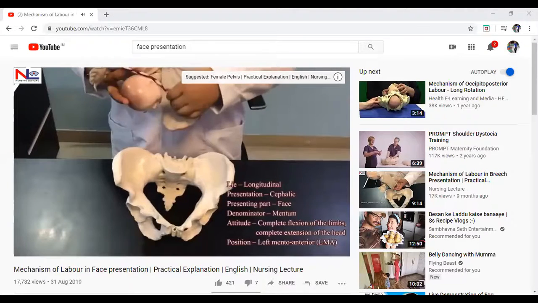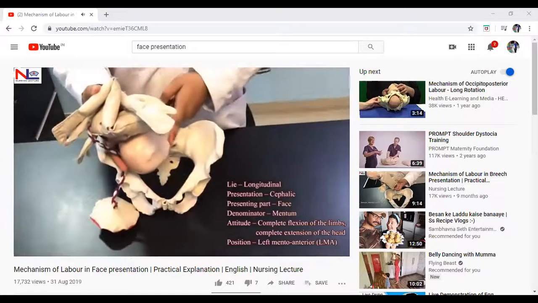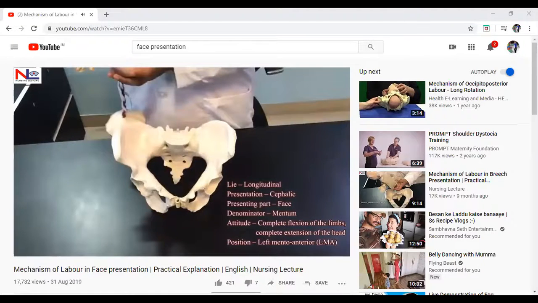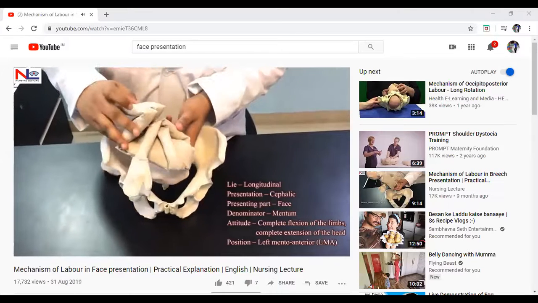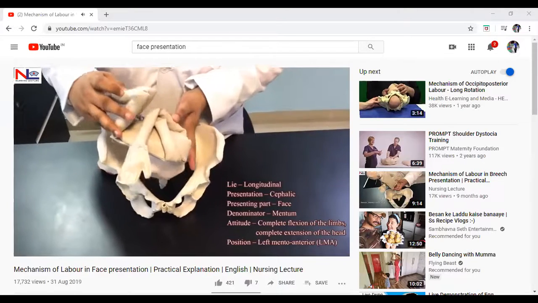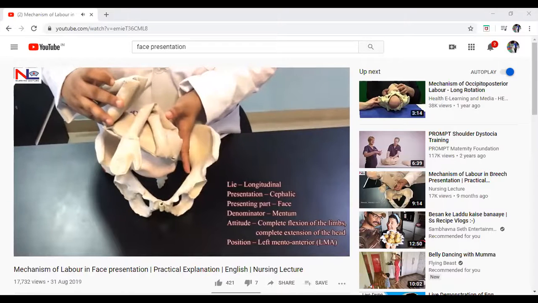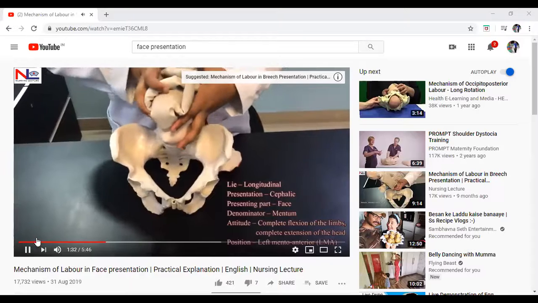Second position is left mento-posterior, in which the mentum is directed toward the left sacroiliac joint. And the third, which is the commonest position in the mentum, is left mento-anterior, in which the mentum is directed toward the left side of the iliopectineal eminence. And the fourth one is right mento-anterior.